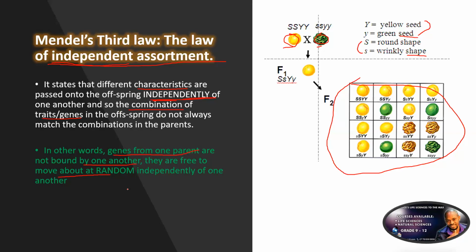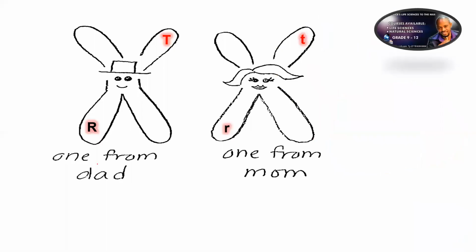Let's make this practical. Now, I've prepared here two chromosomes, one from each parent, and my chromosomes this time have alleles for two different characteristics. Say, for example, this one is for height. I have dominant tall, recessive short.